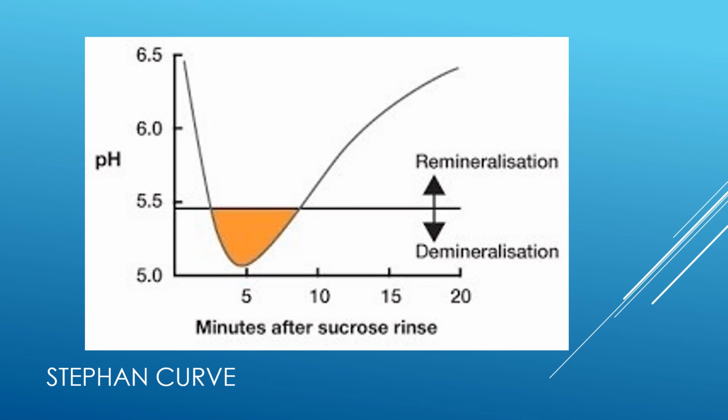Okay, this Stephan curve shows or determines the effect of taking a sucrose rinse in the mouth and is measured within a few minutes. Alright, it shows that once you take the sucrose rinse, in the first 5 minutes, the pH will drop to about 5 or below.